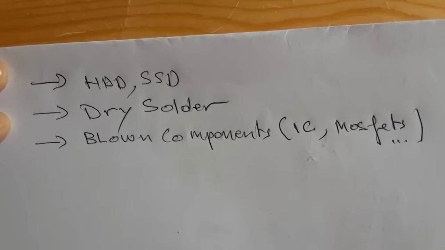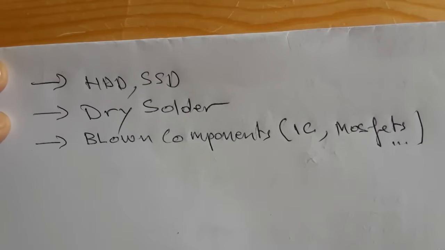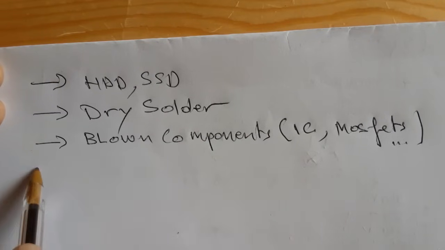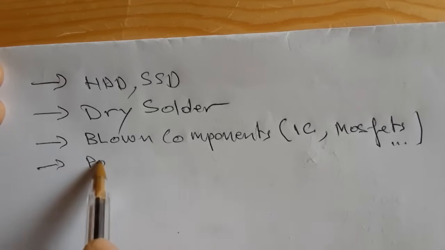You should check all motherboard components, especially the ICs and MOSFETs, and look for any blown, burned or damaged component. So the visual inspection is a very mandatory step that you should begin with, before proceeding to do anything.